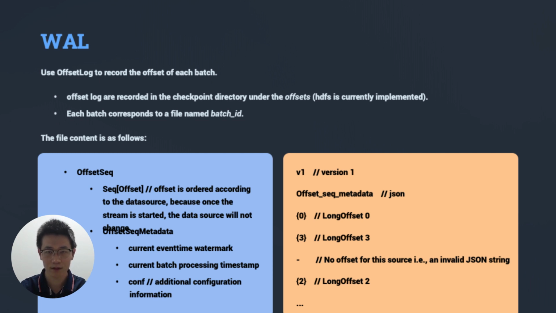On the right-hand side is the content serialized within the environment. Of course, the offset is abstract because different data sources may have different offset implementations. So this is what we write before each VP processing, to record the information needed in case of failures.